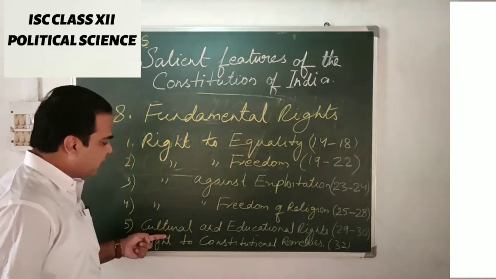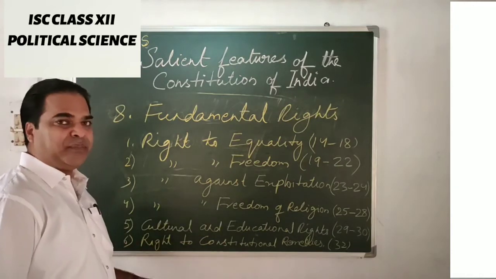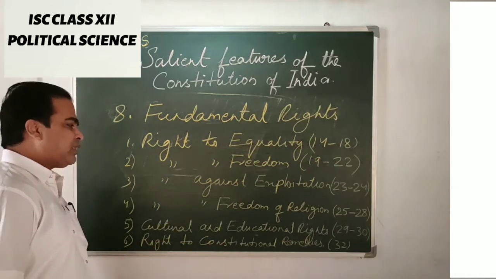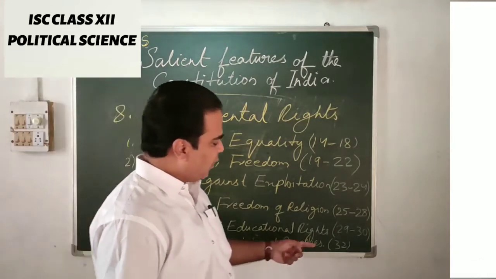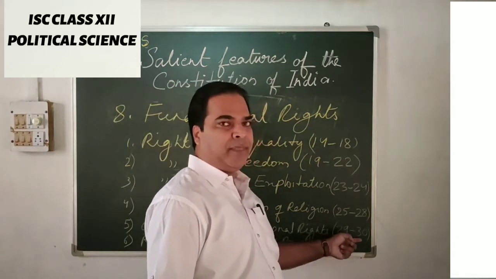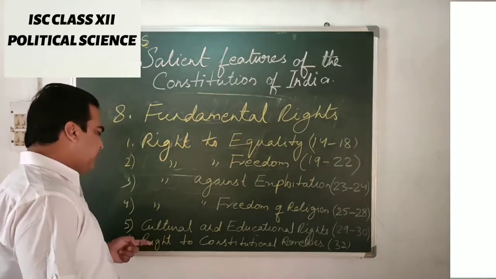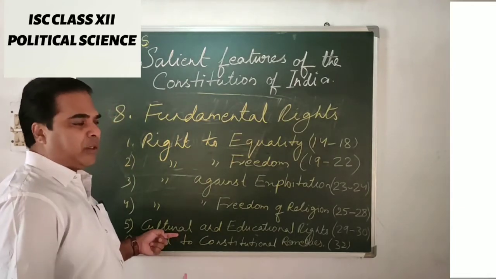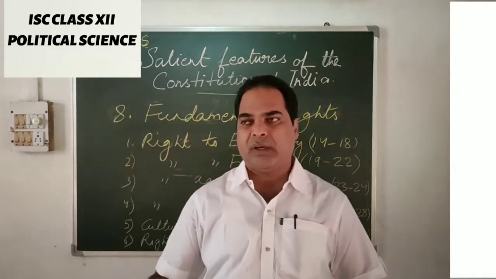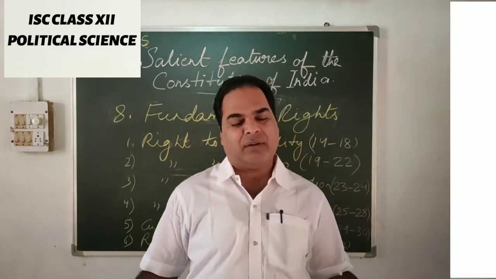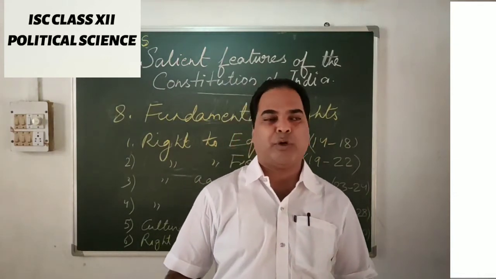The next one we have is cultural and educational rights, which is mentioned in article number 29 to 30. Then culture, we know what is culture. Culture means as an Indian we have our own culture which is famous all over the world.